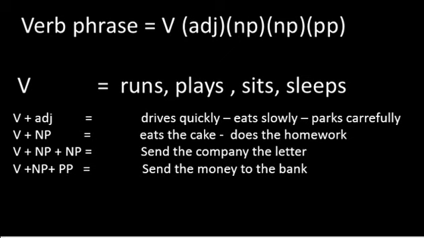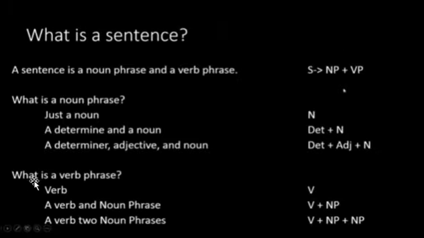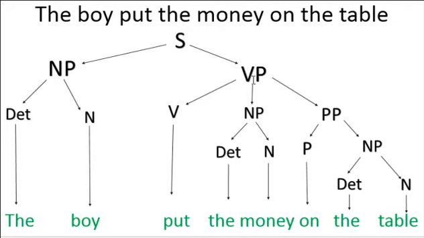The rule here, I'm going to show you another example. The phrase is here, the verb, and a noun phrase. Now you have the noun phrase: the money. The determiner is the, and money is a noun.